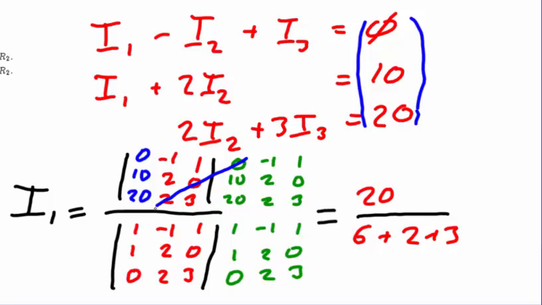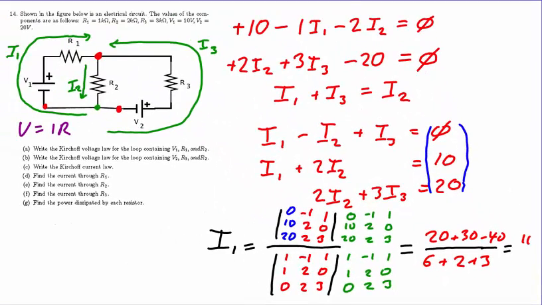The first negative diagonal makes no contribution whatsoever. The second negative diagonal, multiplying the three numbers, we get minus 30, but since it is a negative diagonal, we subtract the minus 30, which is like adding 30. Finally, the last negative diagonal gives us 2 times 20, which is 40. We must subtract this 40 from our calculation and get the final result for I1 of 10 over 11.